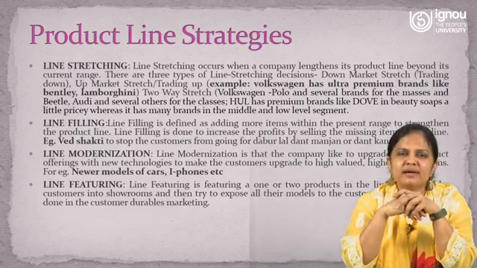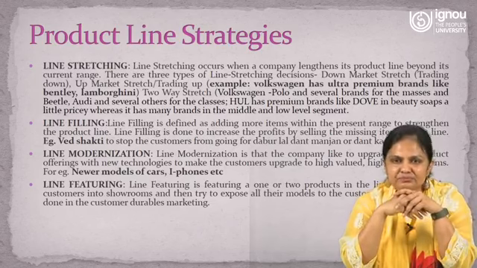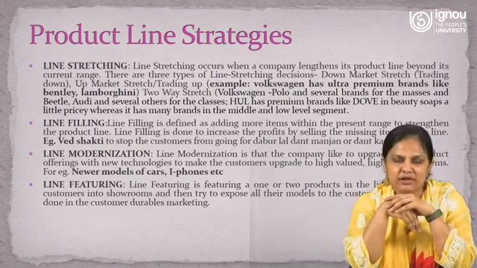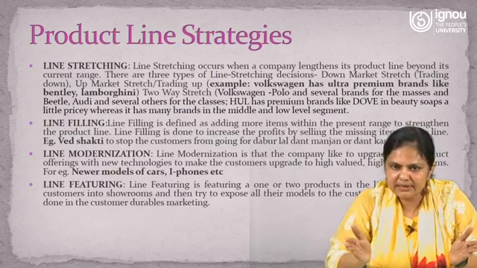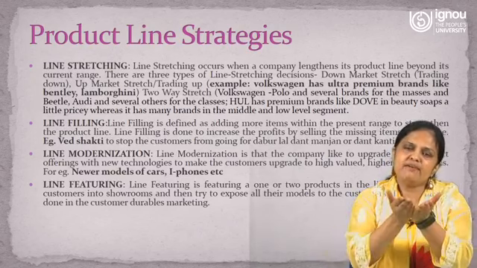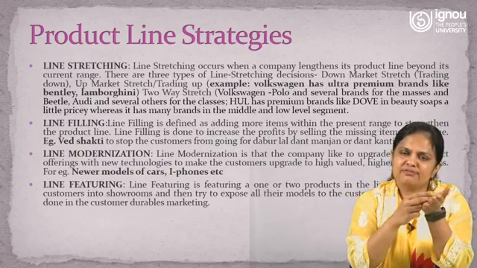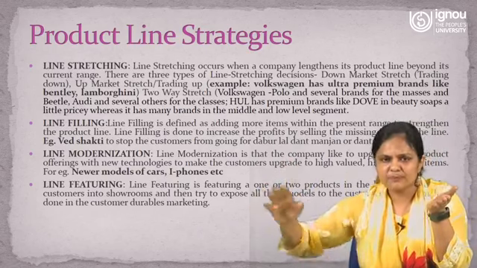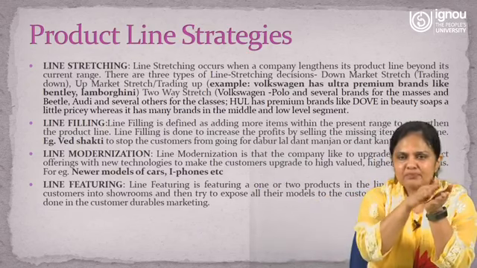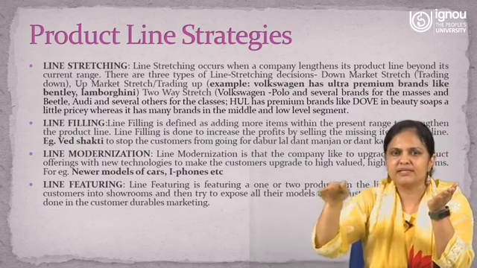When I say down market stretch, that is also called trading down. You already have a range of products. Say for example, in body care, you already have a range of soaps. You have your lavender soap, you have lemon soap, you have creamy base soap, and so on. So you already have a range of products in that particular line.